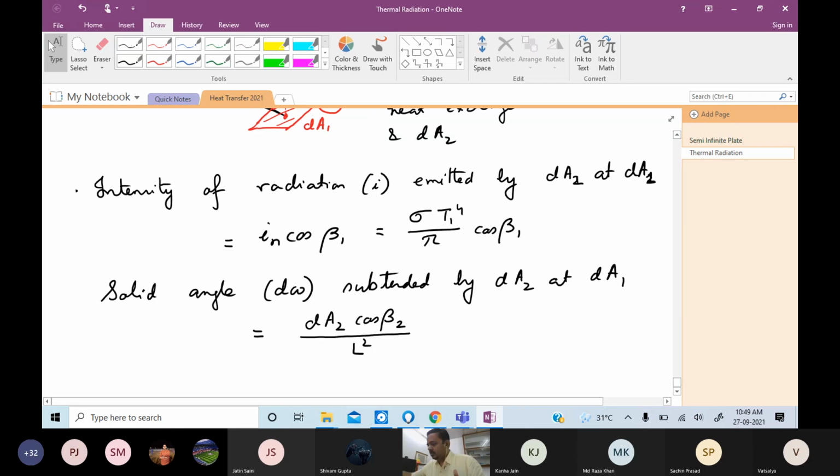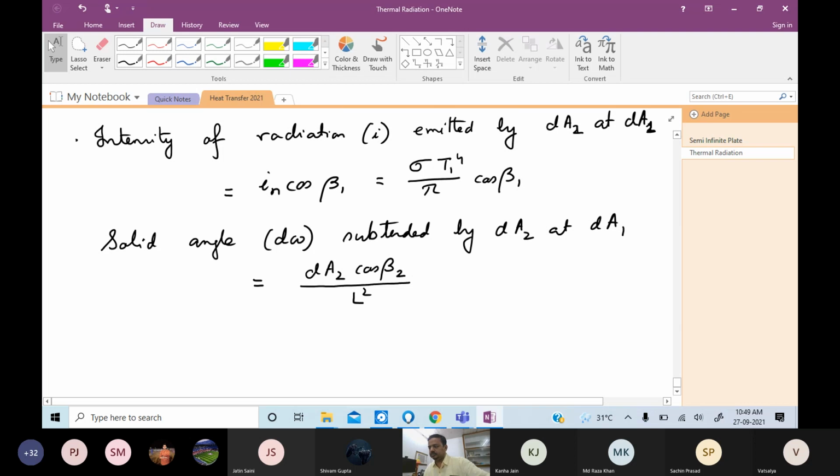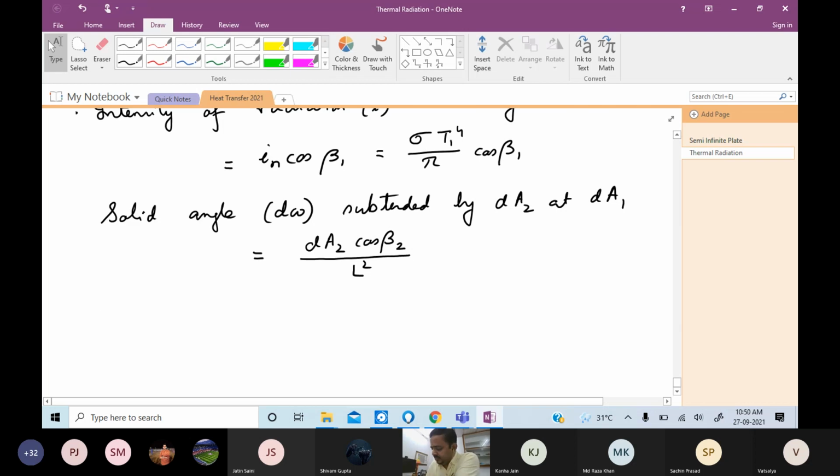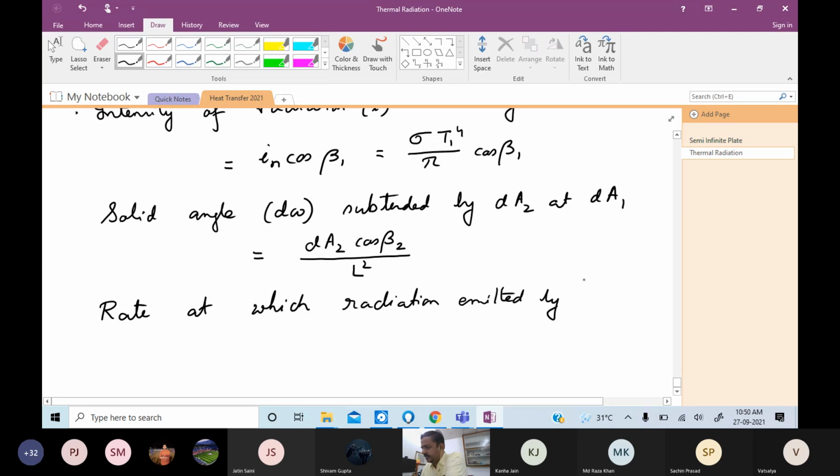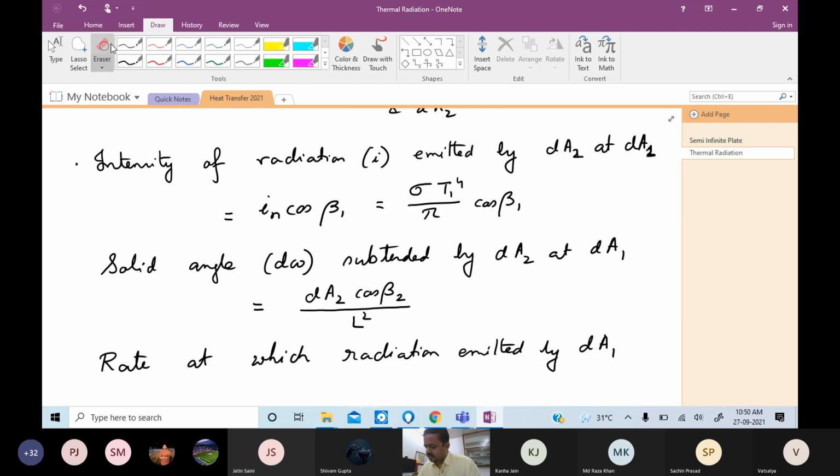Clear? So now, therefore, the rate at which radiation is emitted by dA1. Okay, what did I write? Intensity of emission? No, I wrote it wrongly.